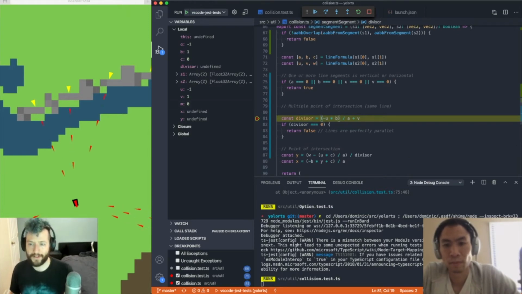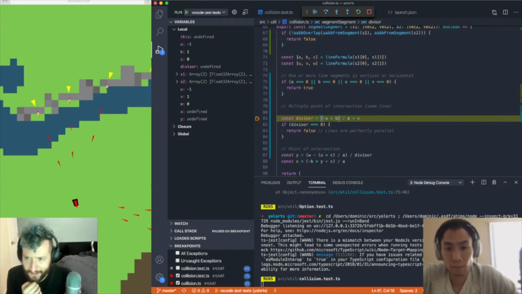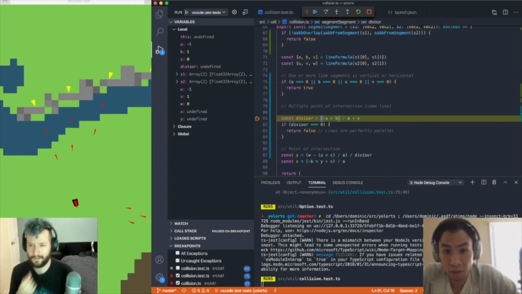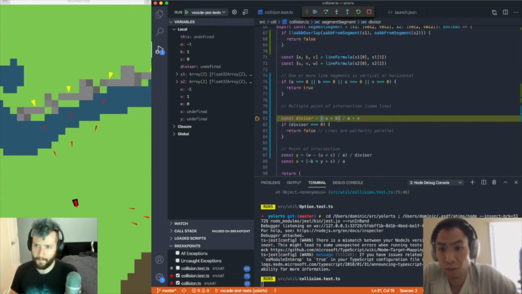Okay, so we have 1 times 1 divided by 1 plus 1. This number should be 2, right? Negative u is 1 times b times 1. Yeah, divided by negative 1 plus b. So it should be 0.